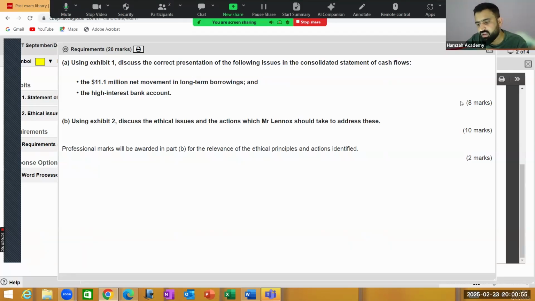But I think out of the 8, maybe 7 marks are for the technical knowledge, and 1 mark here would be for professional marks. And in part B, which has 10 marks, maybe 9 marks would be for technical knowledge, and 1 mark maybe for the professional marks. So that would be the allocation.